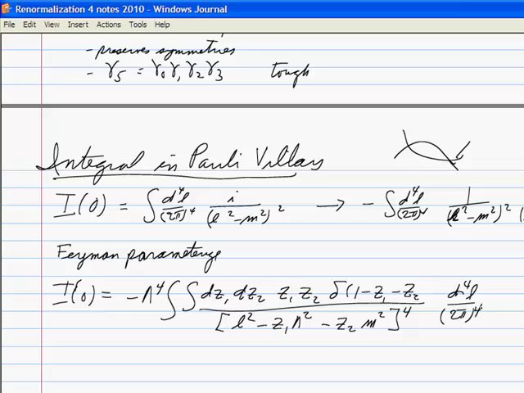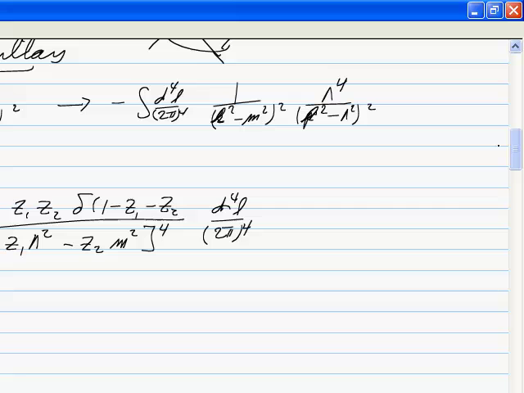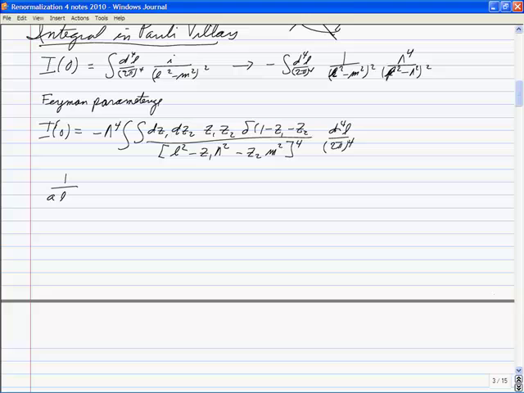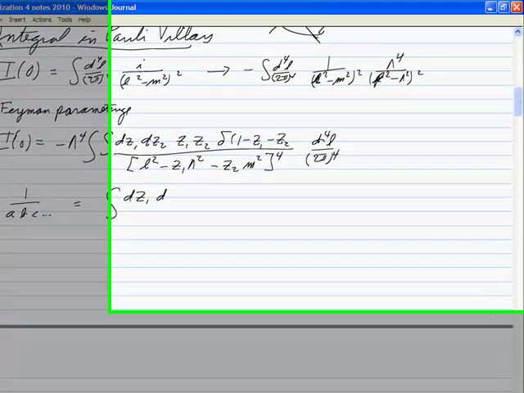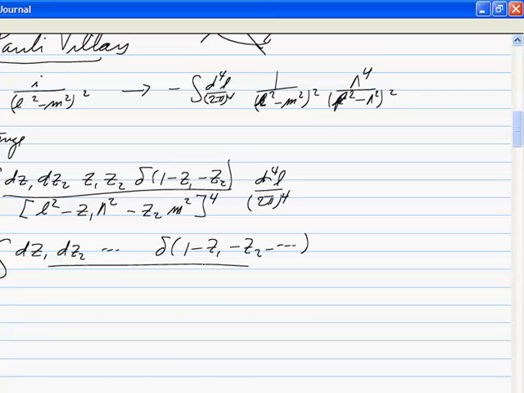Okay. People want me to remind you of what that identity was? Or go through that a little bit more? Maybe I need to do that a little bit. The identity was 1 over a, b, c, dot, dot, dot, is the integral dz1 dz2 dot, dot, dot, delta of 1 minus z1 minus z2 minus dot, dot, dot, all these z's.